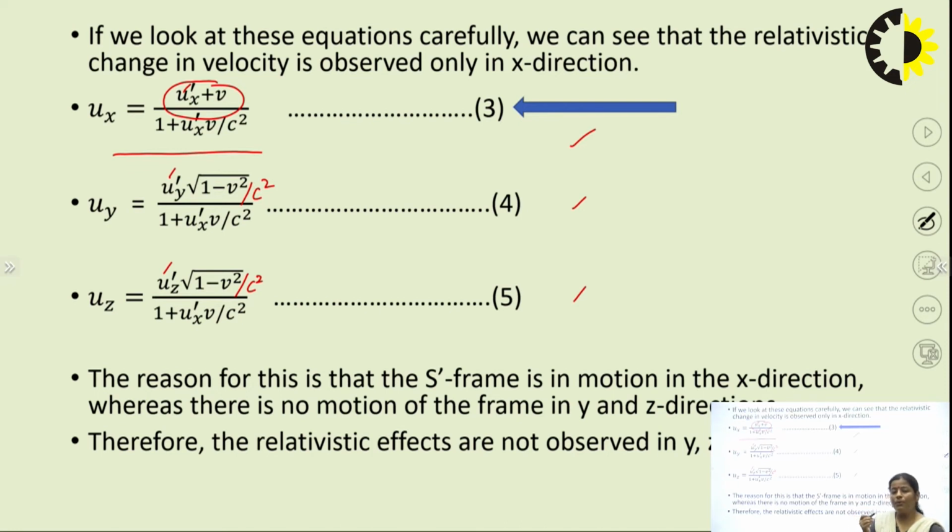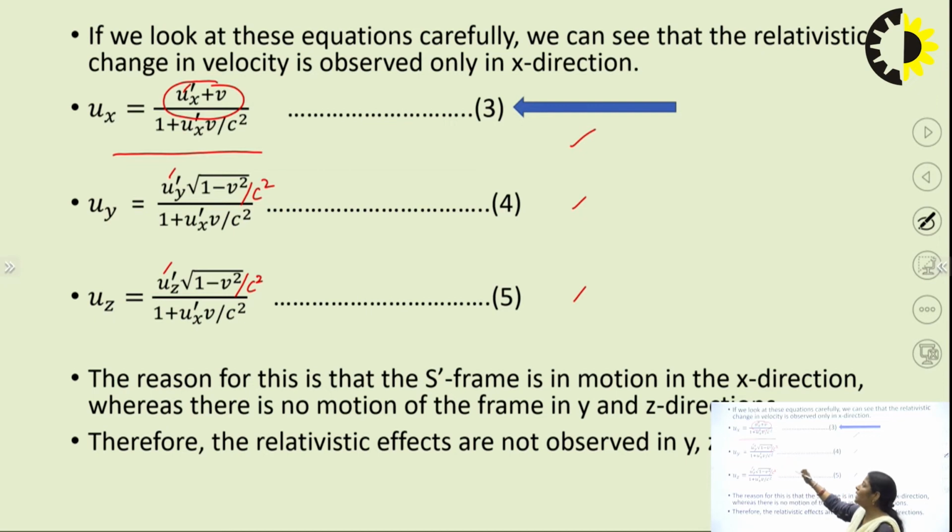So this point is very important, that we need to be very sure about the direction of the motion of the frame, in which direction the motion is taking place. In that direction only the relative effect will be observed, while the other directions will not show the effect of relativity. Definitely they will transform.